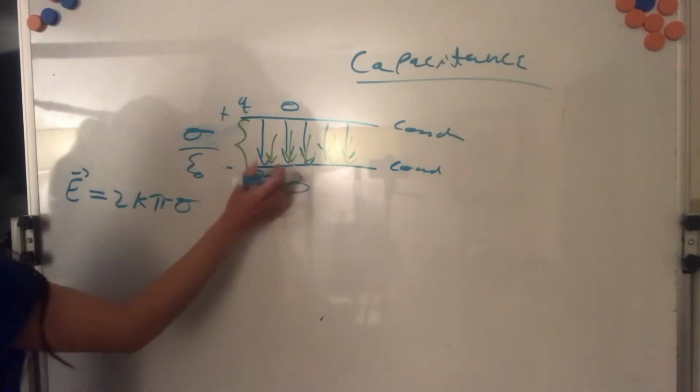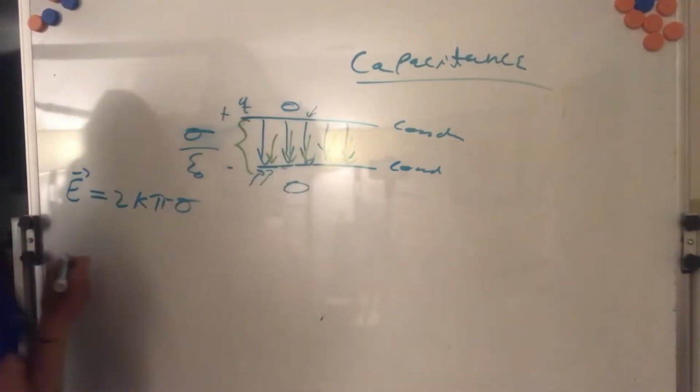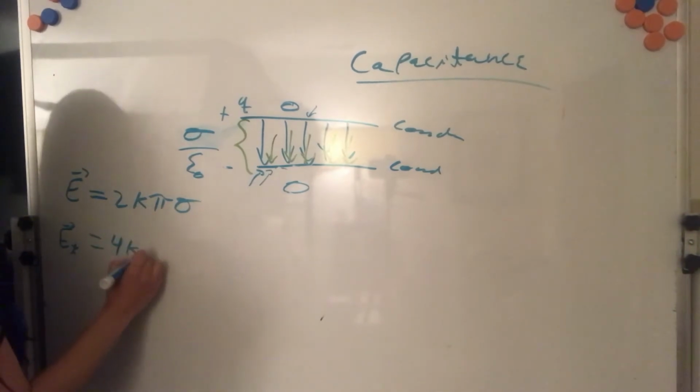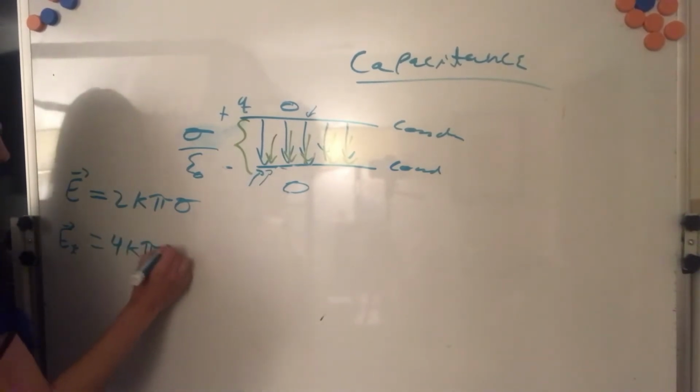Then, because we have the contribution of this plate and of this plate, the total electric field is twice this amount, so it will be 4 times Coulomb's constant times pi times sigma.